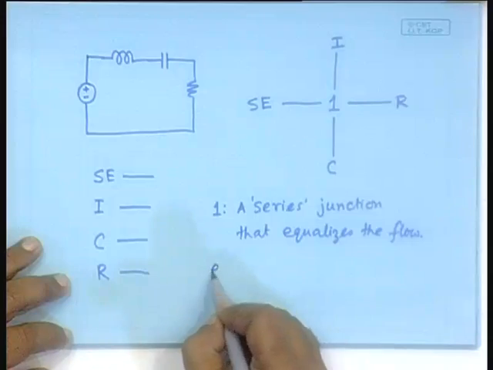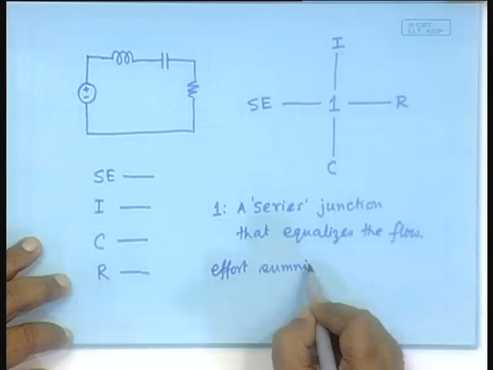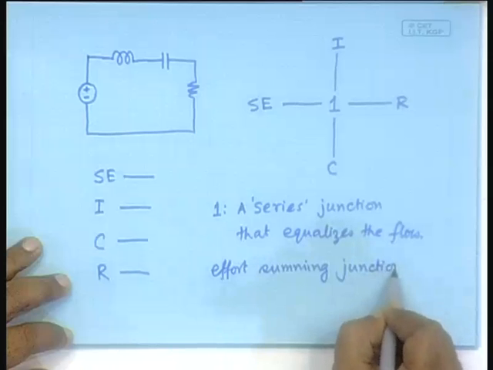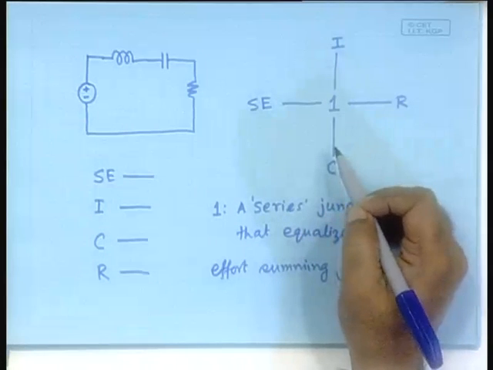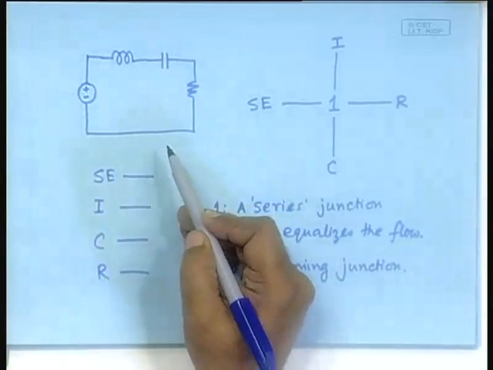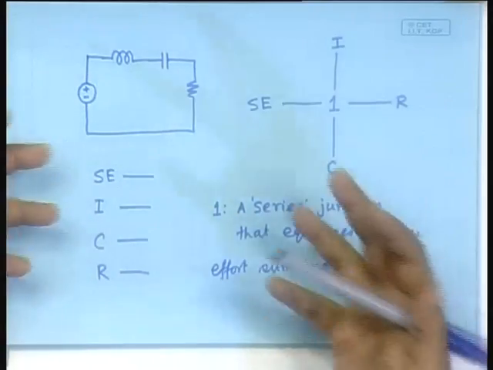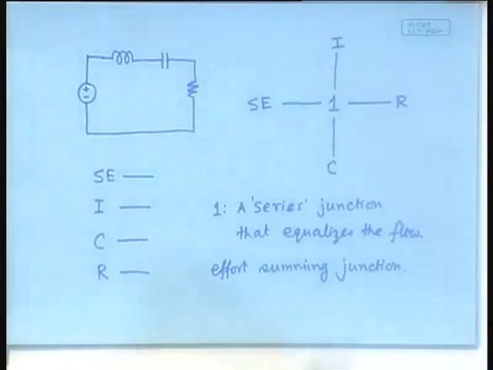So, it is an effort summing junction. The flows are equalized and efforts are summed up. Efforts summed up is essentially, in this case, Kirchhoff's voltage law. But we are writing in a general sense, because in a mechanical, thermal or hydraulic system there is no Kirchhoff's law, so there we have to understand it this way.